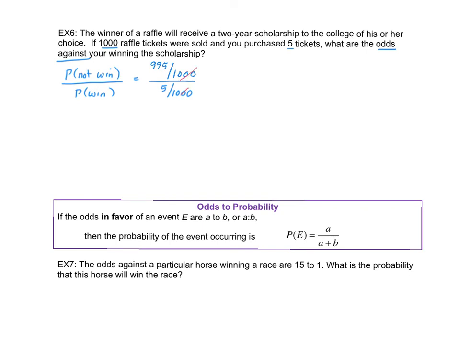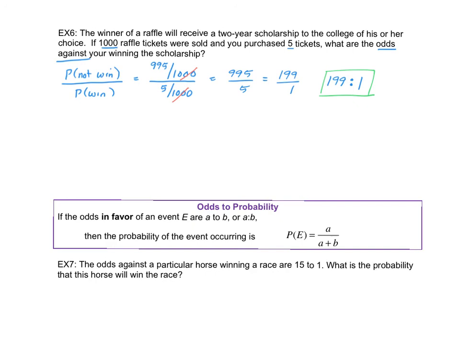Same denominator, which should always happen if you've done your math correctly. And that would be 995 over 5, which reduces to 199 over 1. And that's not my final answer. It would be 199 to 1 odds that I do not win the raffle. So winning the raffle would be 1 to 199.